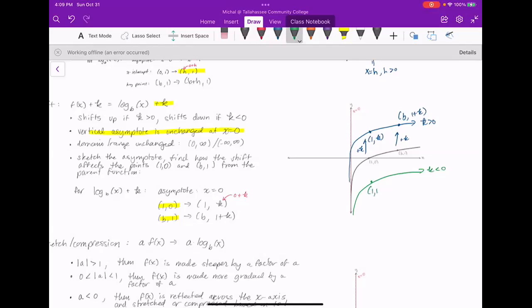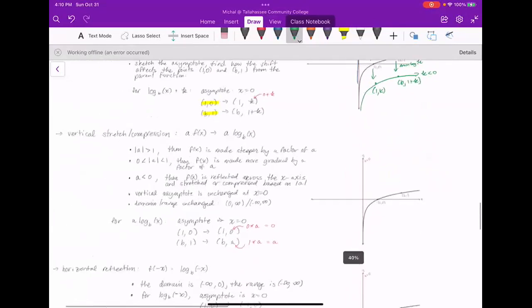So I'd still get 1 comma k, and I would get b comma 1 plus k. But in this case, k is negative, so that number would actually be less than 1, right? And I'm just shifting down by k units for each of them, okay?